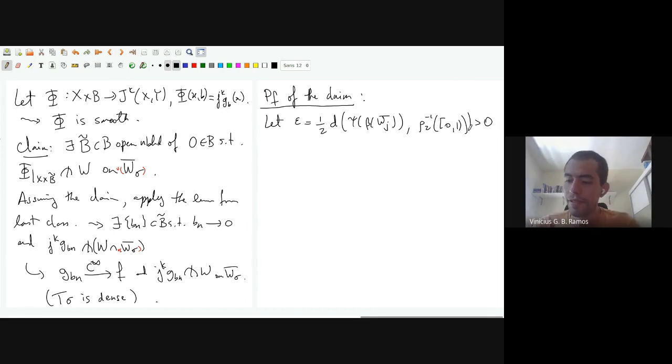Okay, so this is my epsilon, and I'm going to define b tilde to be the set of polynomials such that the norm of bx is less than epsilon for every x in the support of rho 1.